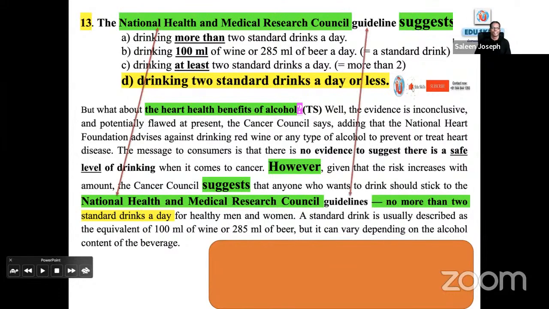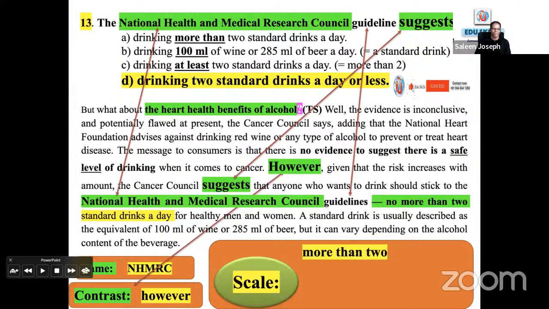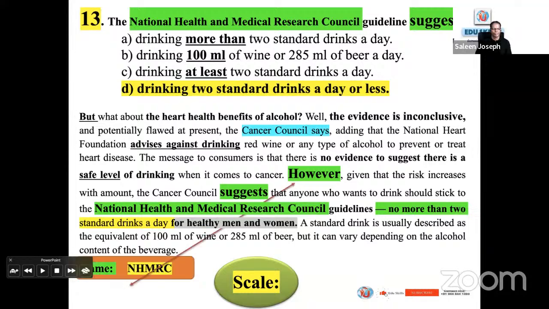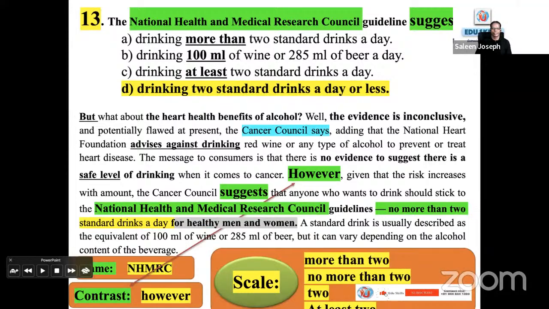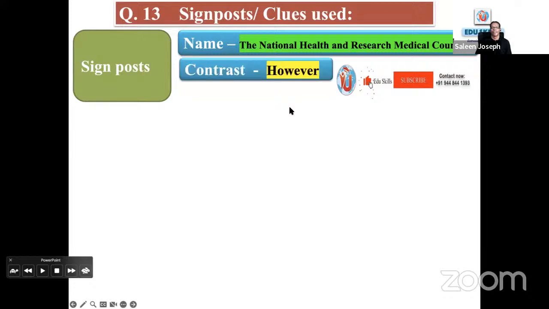Now check here. The name, guidelines, suggests. All these things are there. Then the contrast word is there. Then you have, see here, the name and the contrast word: more than 2, not more than 2, at least 2, scale expression. I'll show you again. However, contrast word. Signpost, name: the National Health and Medical Research Council, the tips to identify.